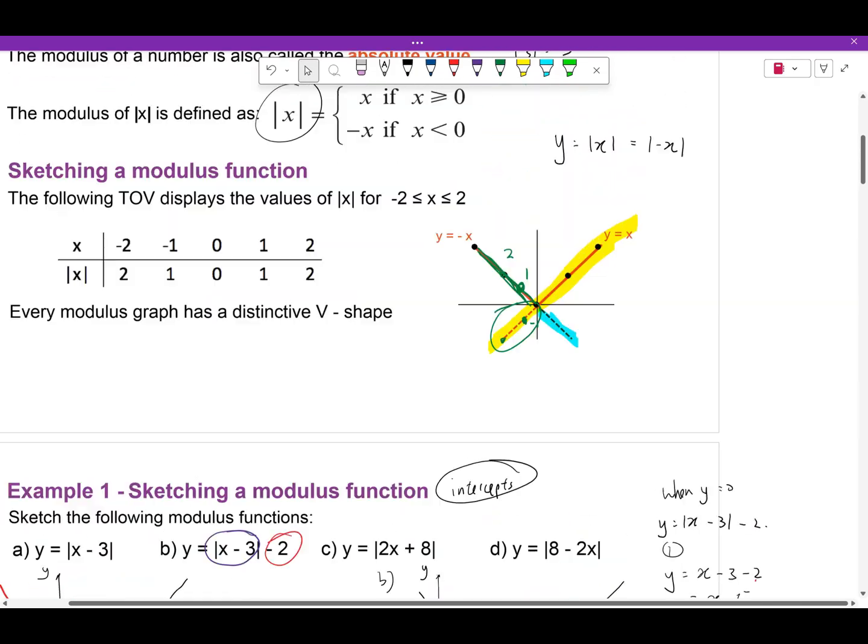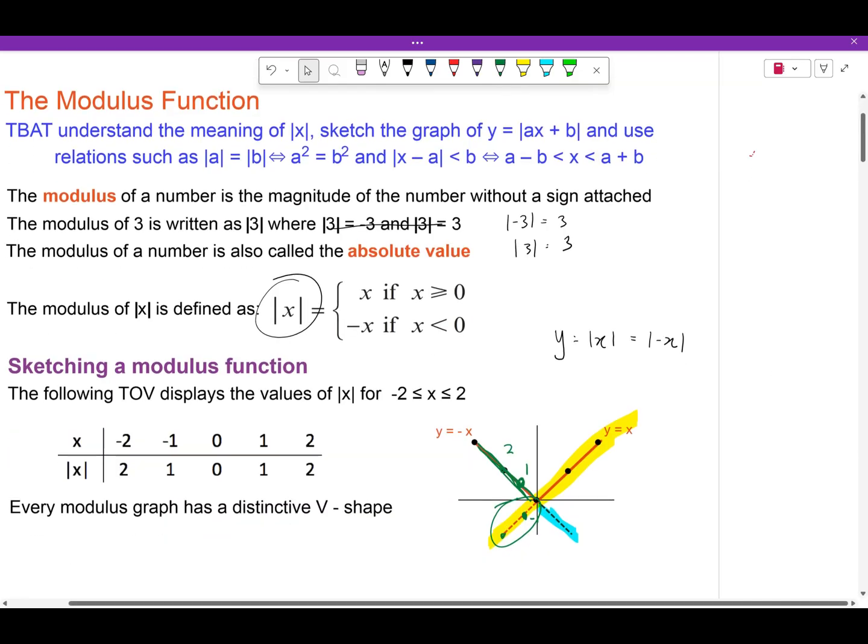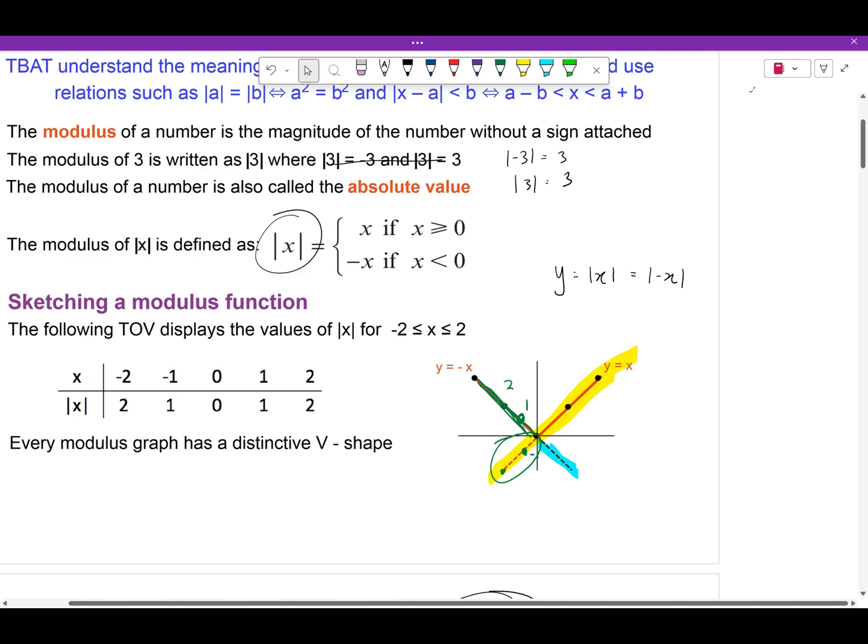That's why when I emphasize modulus or absolute value, I emphasize that it is a number. If you noticed what I said earlier, y equals absolute x is the same as absolute of negative x. So everything inside that is negative is the same as the positive.